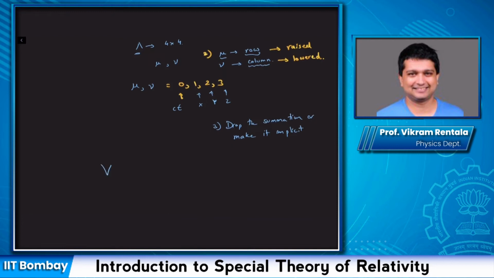So we write it as v prime mu is lambda mu nu v nu. We've just dropped the summation sign, but implicitly we're assuming that we're summing over the values of nu, where nu runs from 0, 1, 2, 3. So this is called the Einstein summation convention.